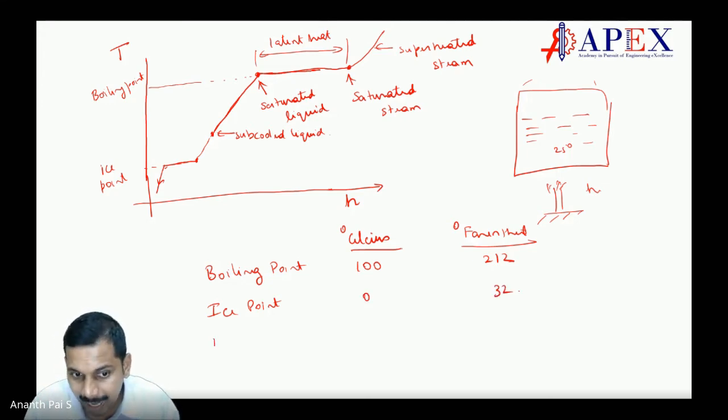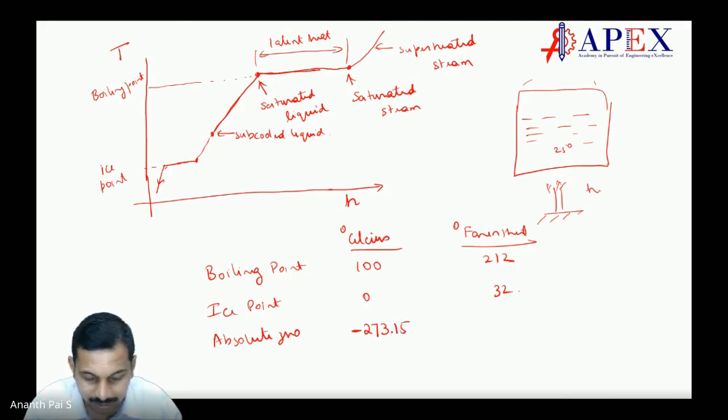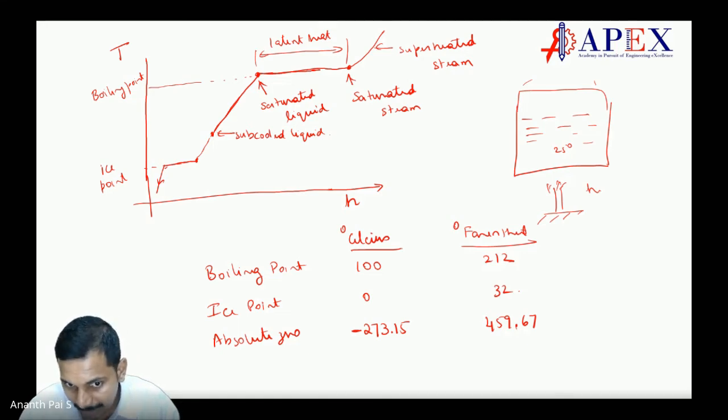So now absolute zero, in case of degree Celsius, it is minus 273.15 degrees centigrade, whereas in Fahrenheit it is minus 459.67 degrees Fahrenheit. So we can always say this absolute zero is 0 Kelvin, very important.